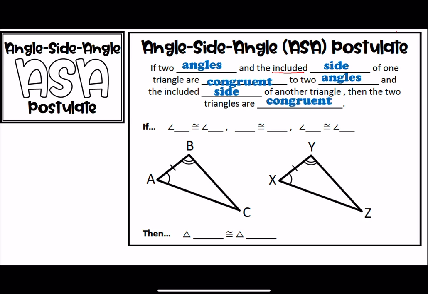And I'm going to do the same thing we did yesterday. I'm going to find the first alphabetical angle on my first triangle. And I found angle A. And this is one angle congruency mark. And I'm going to go clockwise. And I'm going to find its corresponding part on triangle XYZ.